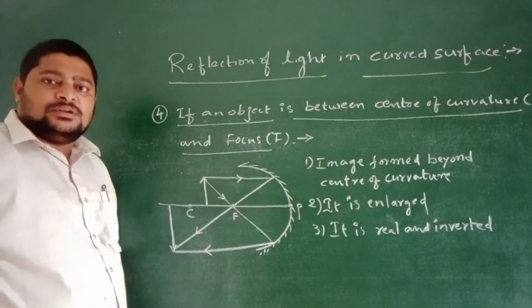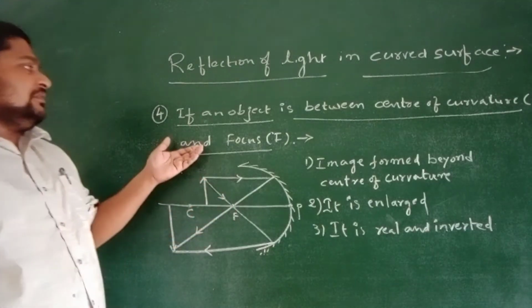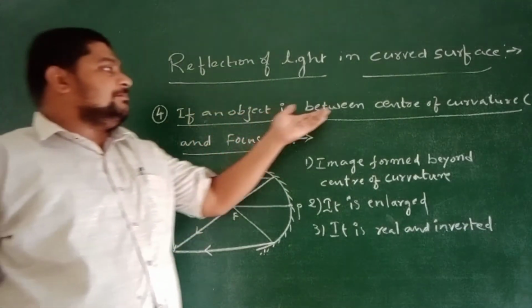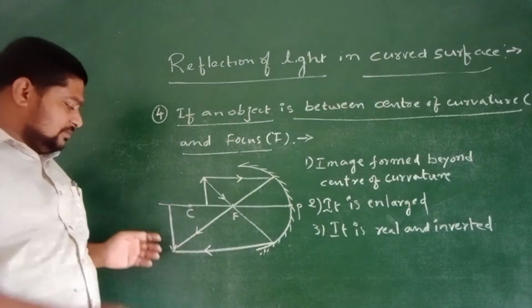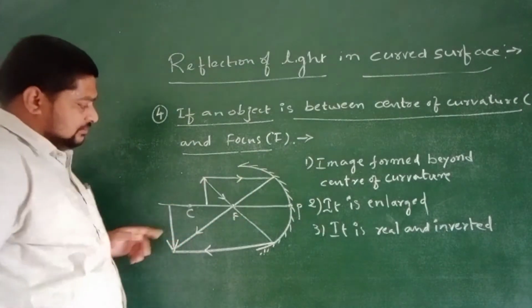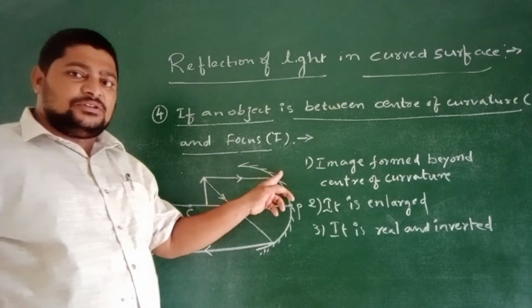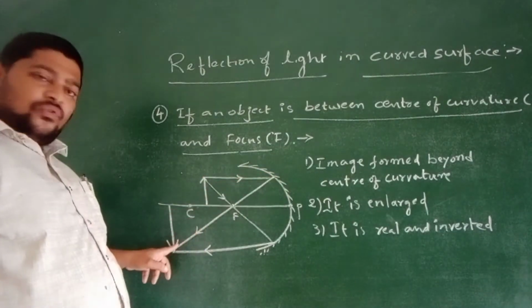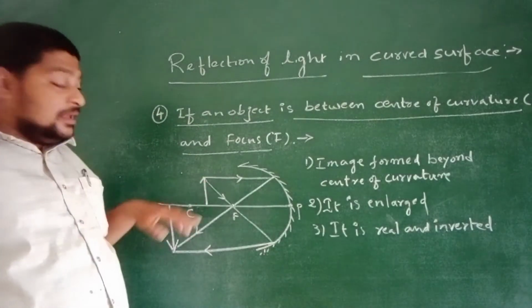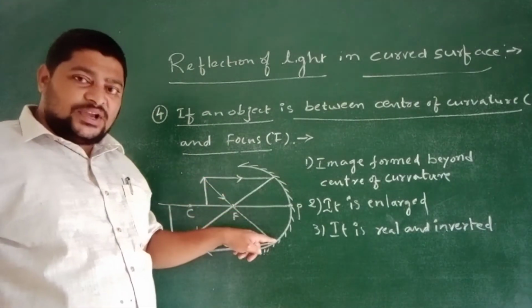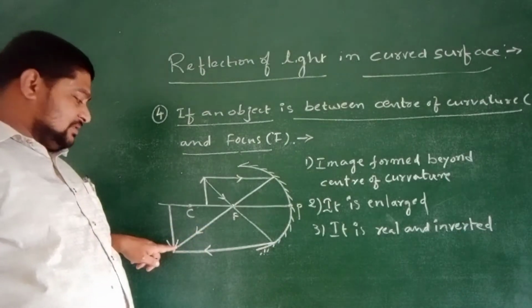See, in this case, if an object is between center of curvature and focus, the image is formed beyond center of curvature. First rule, parallel to the principal axis, it passes through focus. Second rule, sorry, it passes through focus and becomes parallel to the principal axis.